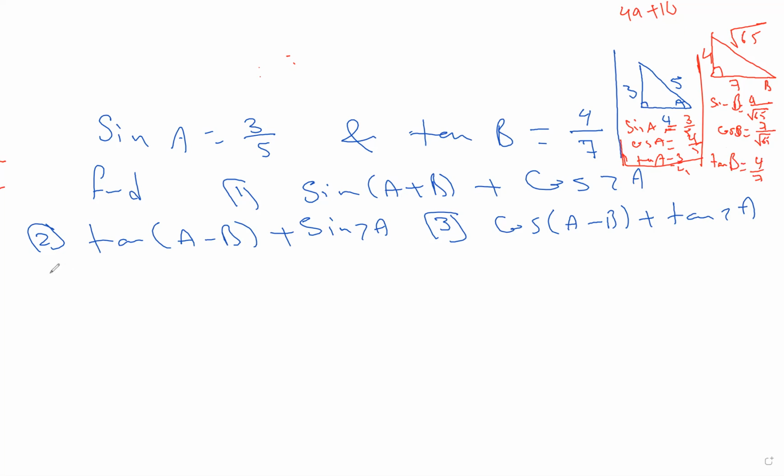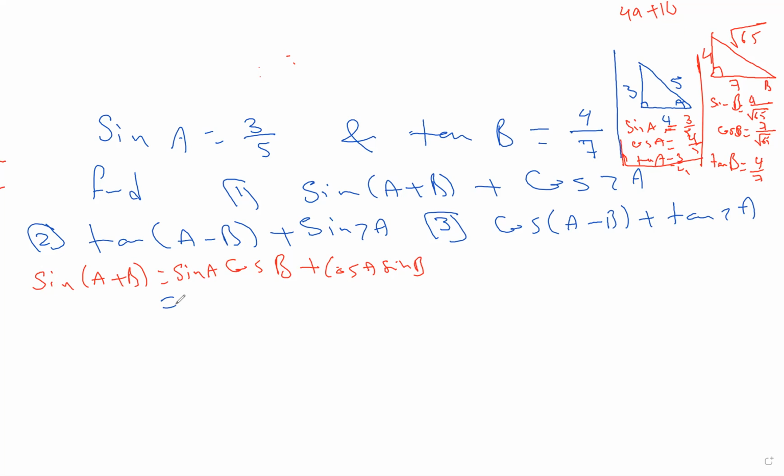Number 1: cosine(A plus B) is sine A cosine B plus cosine A sine B. Okay, is everyone with me? We have everything, all the trigonometric functions in the two triangles.